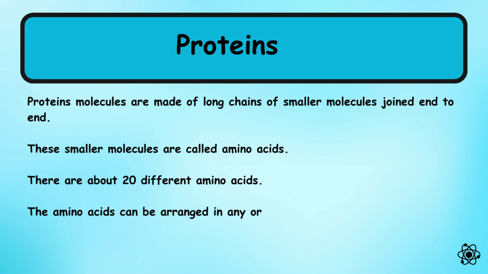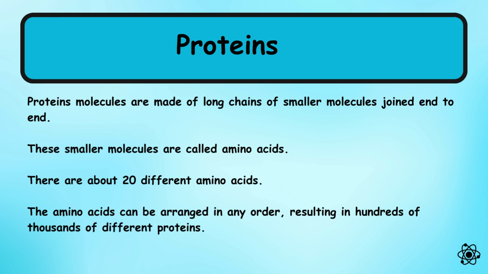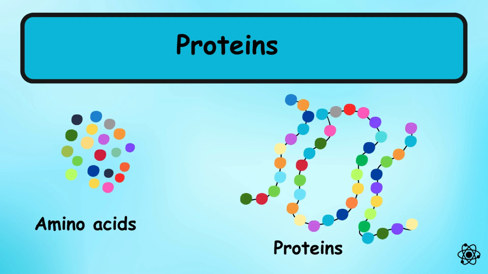So, different combinations of these amino acids will give rise to different proteins. Even a small difference in the order of amino acids results in a different protein being formed. Here is an illustration of amino acids that when combined form protein.